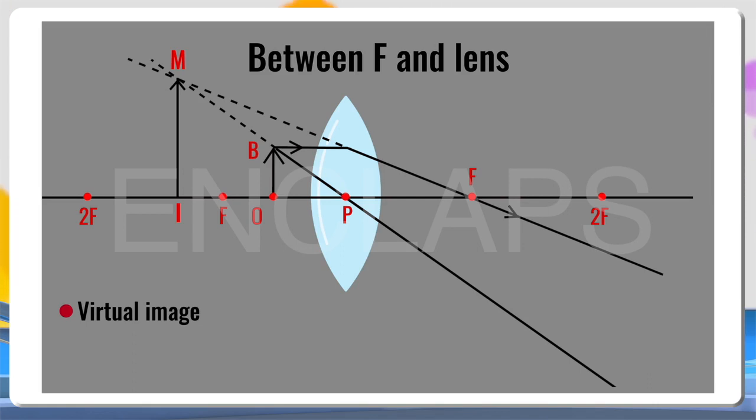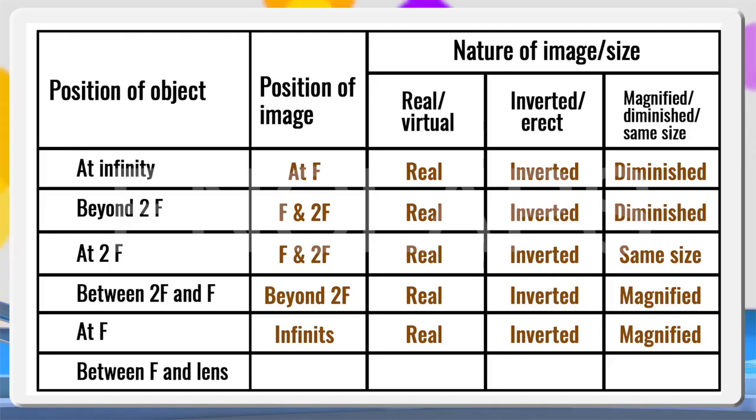The image is formed above the principal axis. So, the image is erect. IM is greater than OB and hence the object is magnified. If the object is placed between F and the lens, the image will be formed between F and 2F on the same side of the object. The image will be a virtual, erect and magnified one.